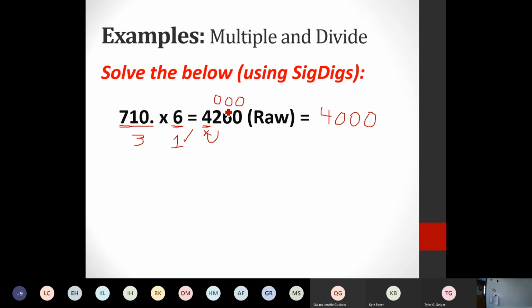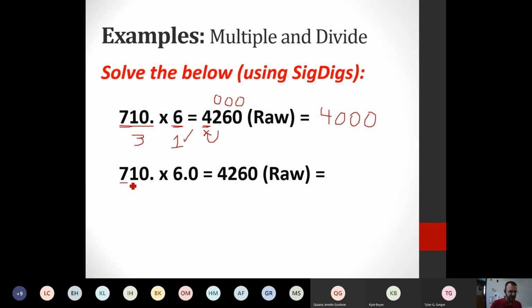Now, that said, if I have 6.0, we still start with our 3. But now we have 2 significant digits here. Well, 2 is still less than 3 last I checked. But that means we can now trust 2 of these numbers, the 4 and the 2. The 6 then will successfully round up because the 6 is 5 or greater.